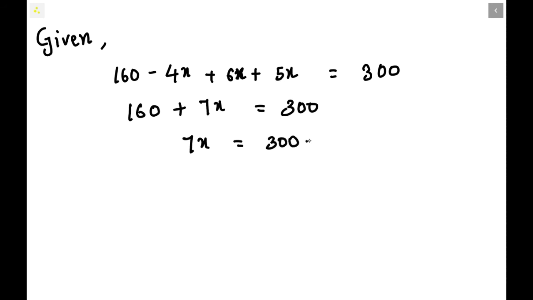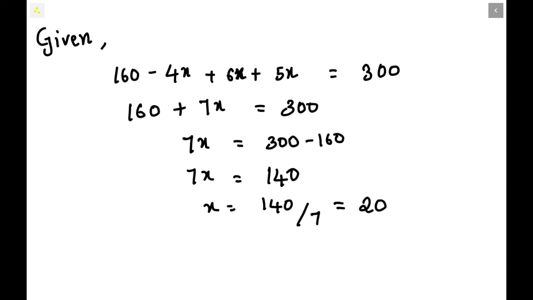So 300 minus 160, then 7x will be equal to 140. And x will be equal to 140 by 7. The 7 in the LHS is in the numerator; when we bring it to the RHS, it becomes the denominator. So 140 by 7 we get 20. Therefore we have found the x value, that is 20.